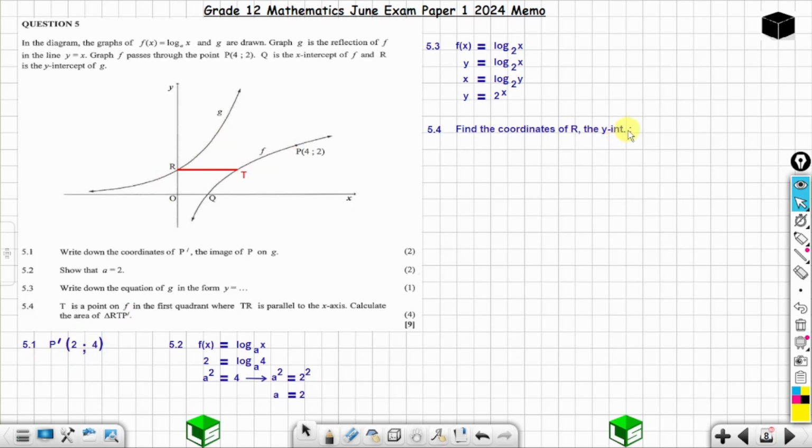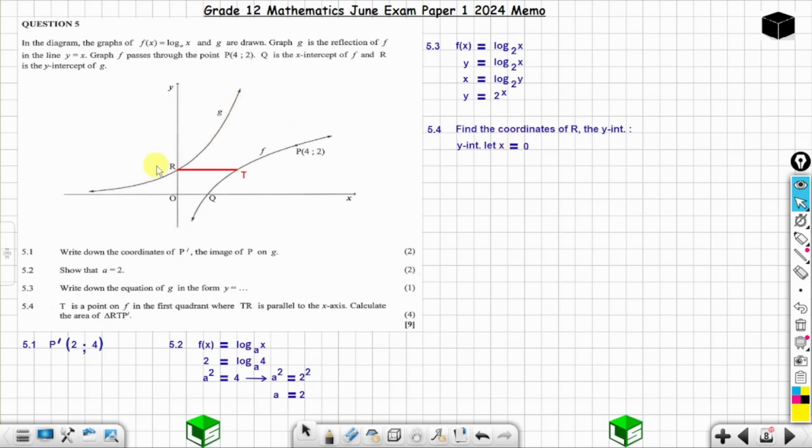R is the y-intercept of the graph of G. You have the equation of the graph of G in the form y is equal to. So we have to find the y-intercept of the graph of G. To find the y-intercept, you let x equal to 0.